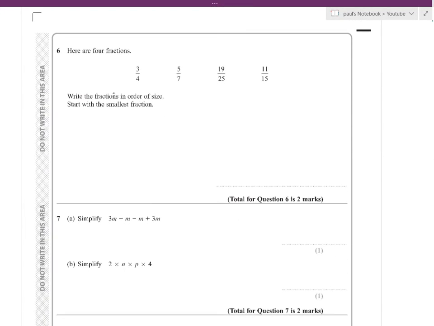Here are 4 fractions. Write the fractions in order of size. Now remember, it's a calculator paper, so the way I do this is just change them all into decimals.